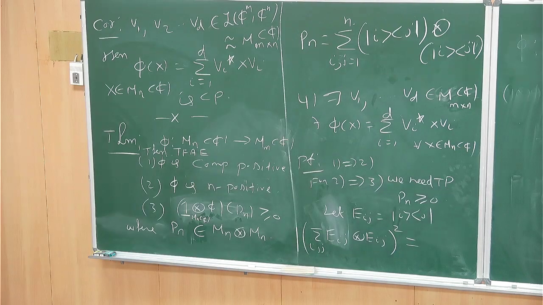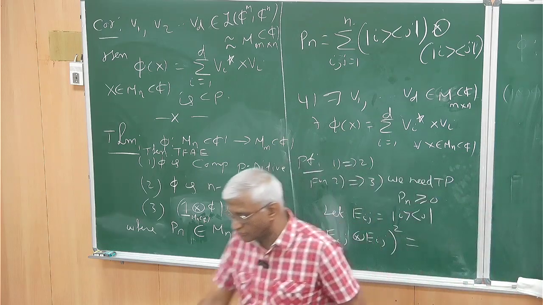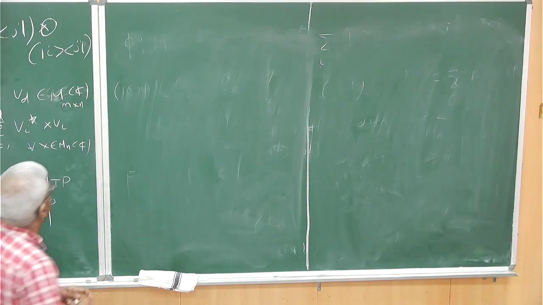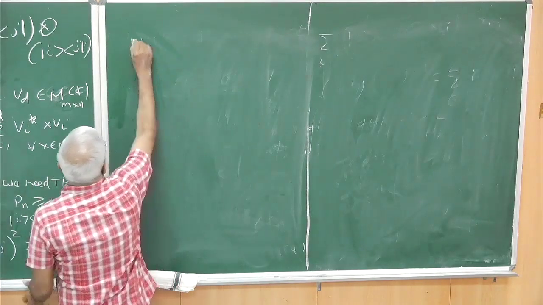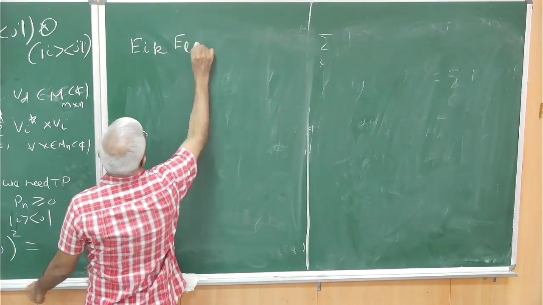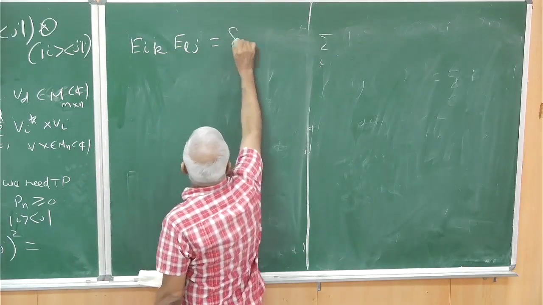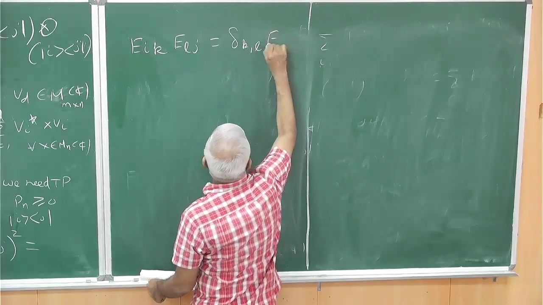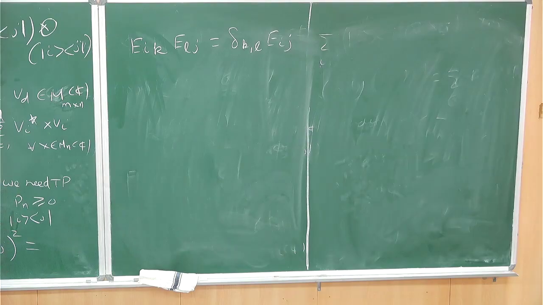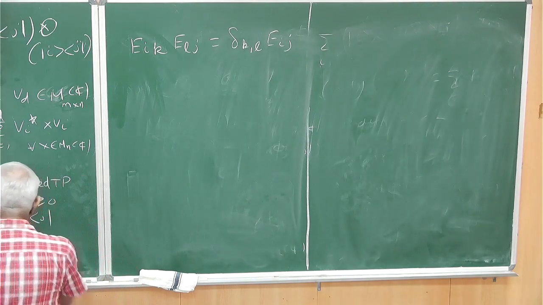Here we have to remember E_ik E_lj is equal to delta of k and l times E_ij. It's just clear. You just compose those things. It directly follows.